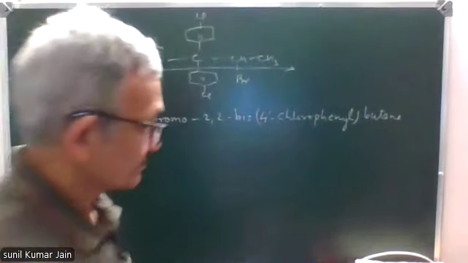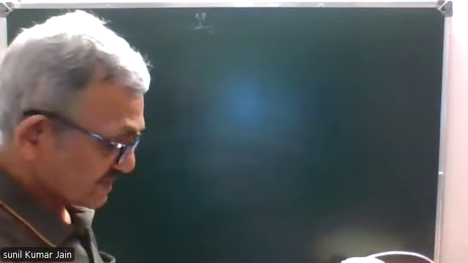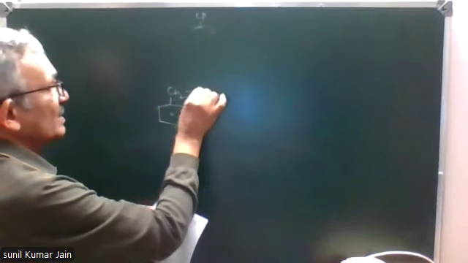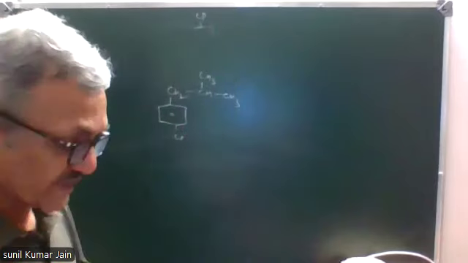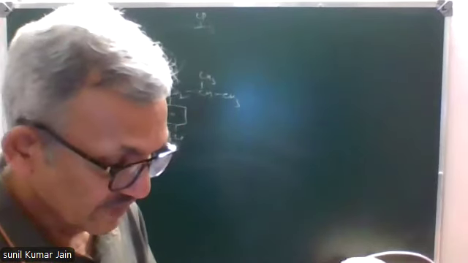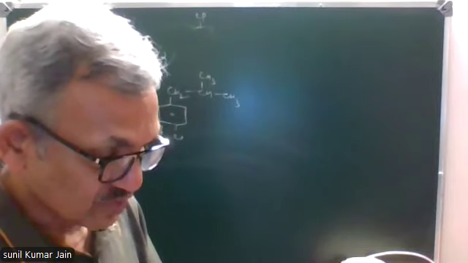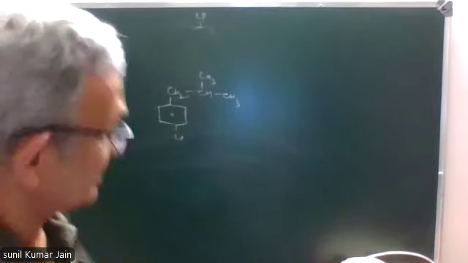Last compound. This is para C6H5Cl, then CH2, CH, CH3 twice. Wait a minute. CH2, CH, CH3 twice. Yes.